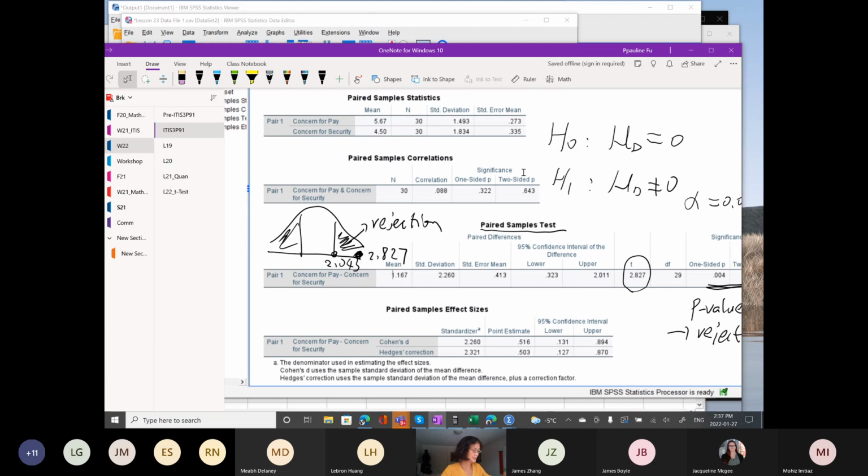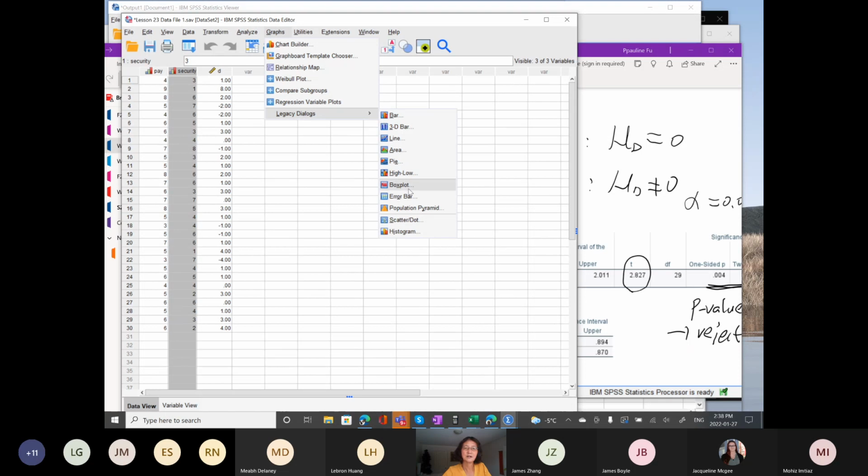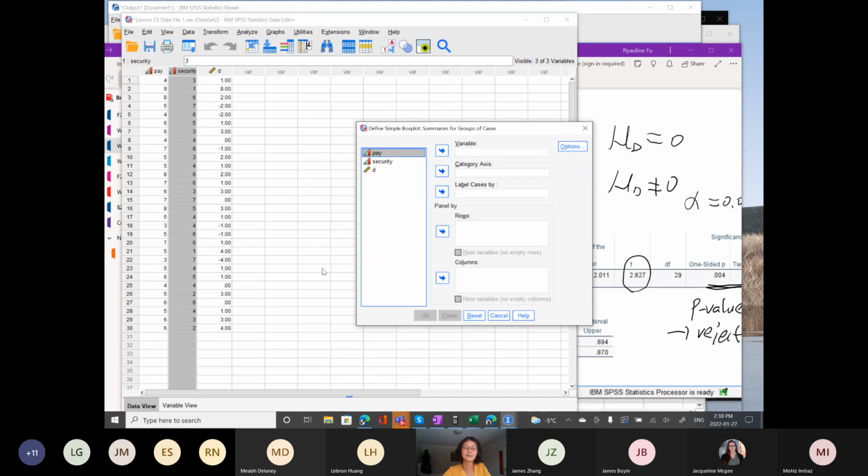Paired sample t-test. And lastly, we can create a graph, a box plot, for both pay and security. So how do we create a box plot? You go to graph, legacy dialog, then box plot, and select simple, and also select summaries for groups of cases. Quick define.